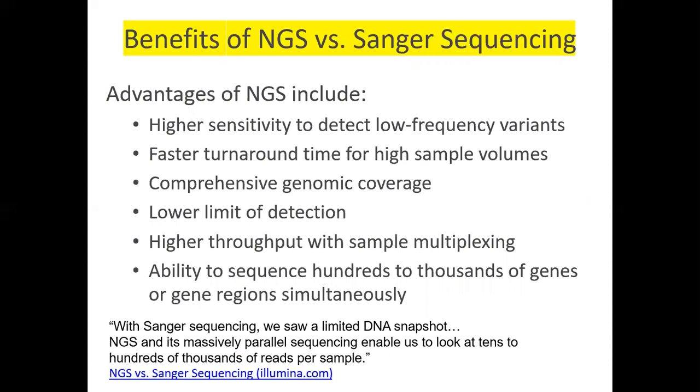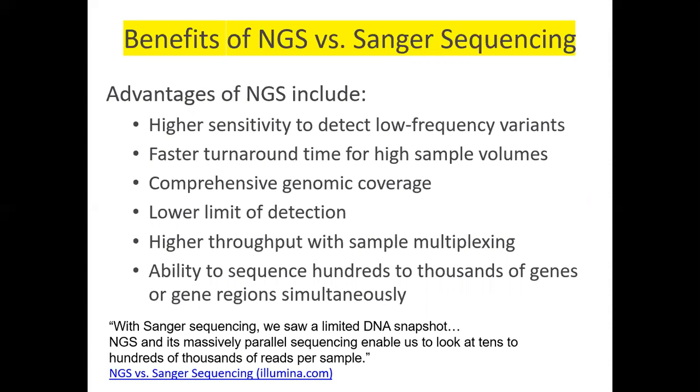So it has high sensitivity and faster turnaround time for high sample volume, comprehensive genomic coverage, a lower limit of detection, and higher throughput with sample multiplexing. And as we have said already, it has the ability to sequence hundreds to thousands of genes or gene regions simultaneously.